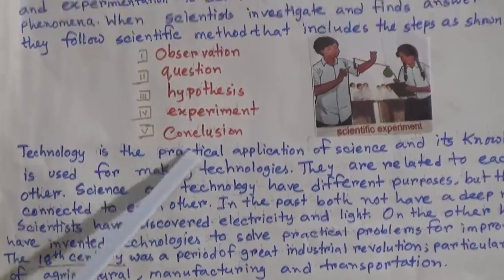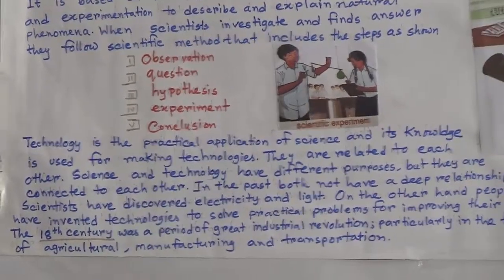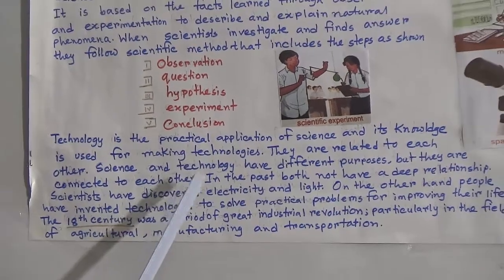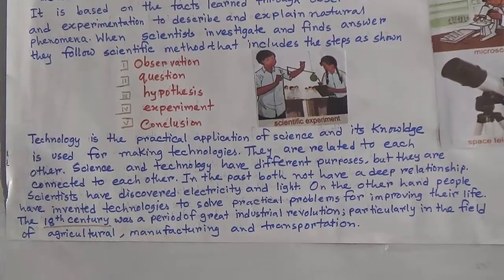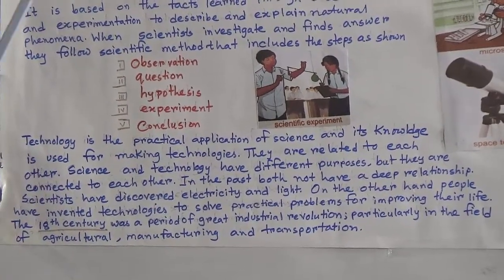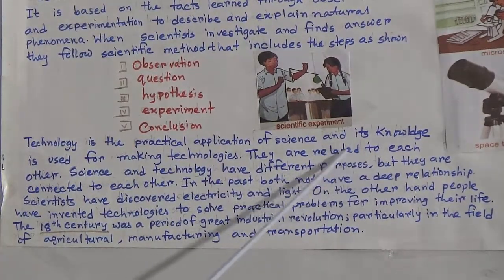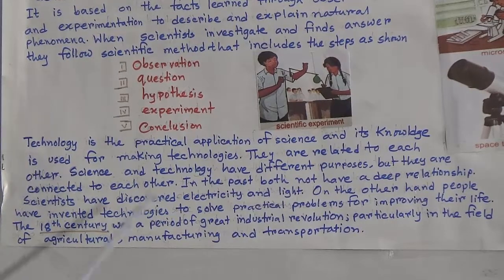Then what is technology? Technology is the practical application of science, what we did before, and its knowledge is used for making technology. So we know that technology is based on the application of science. Then they are related to each other. Science and technology have different purposes, but they are connected to each other.